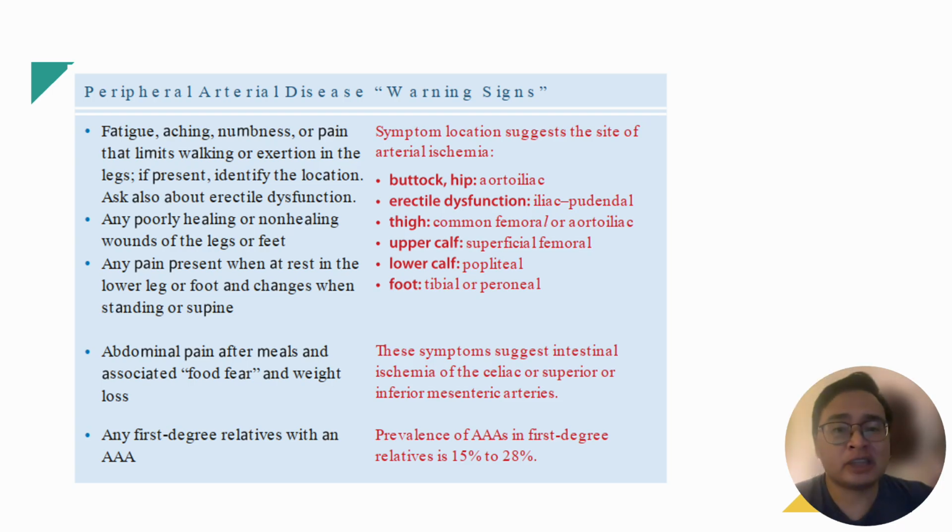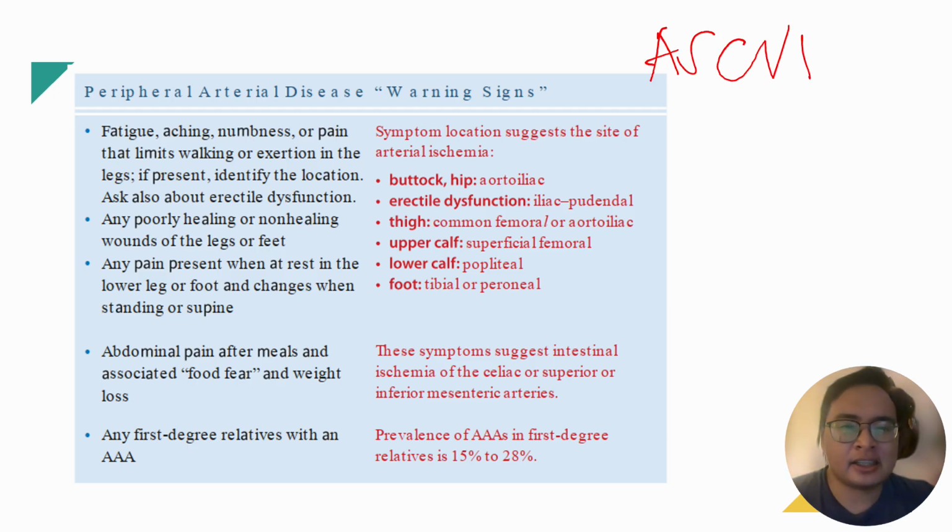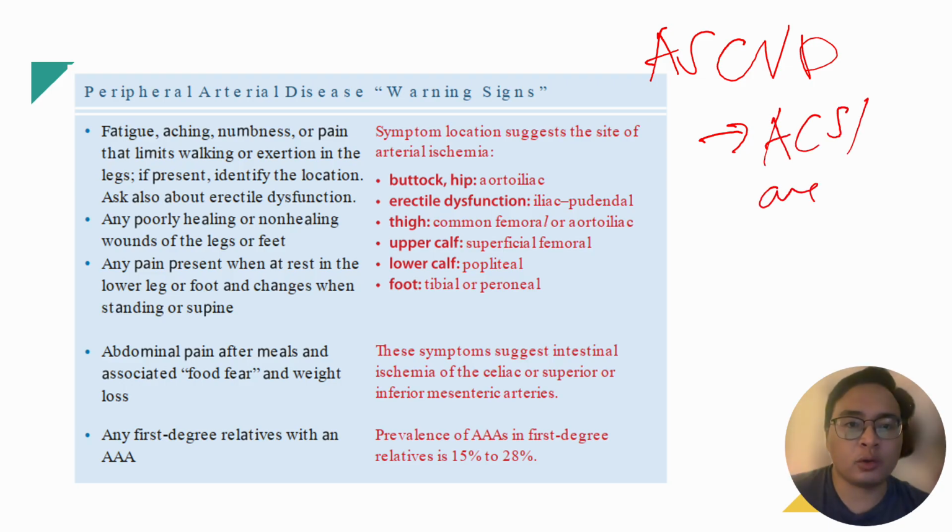Okay, but what's the pathophysiology of peripheral arterial disease? Actually, it's not different from any other atherosclerotic cardiovascular disease. So, for example, if you have a plaque that obstructs blood flow in the coronary arteries, it's going to manifest as acute coronary syndrome, angina, or myocardial infarction.